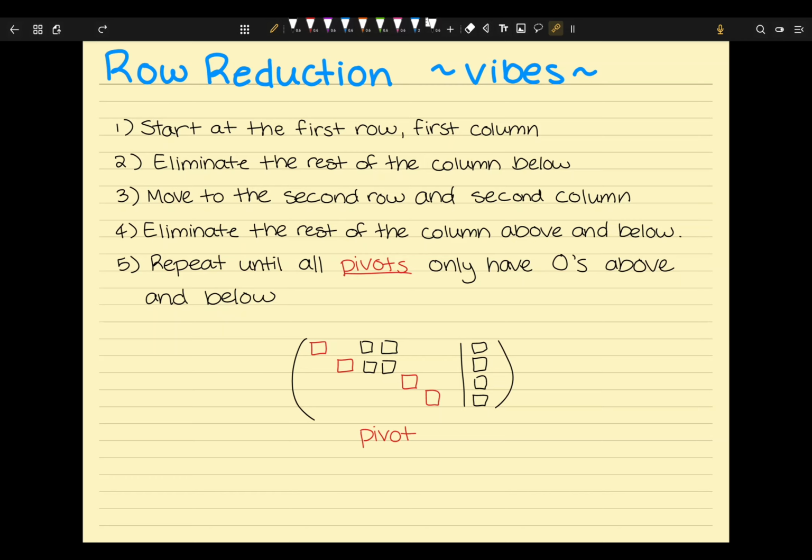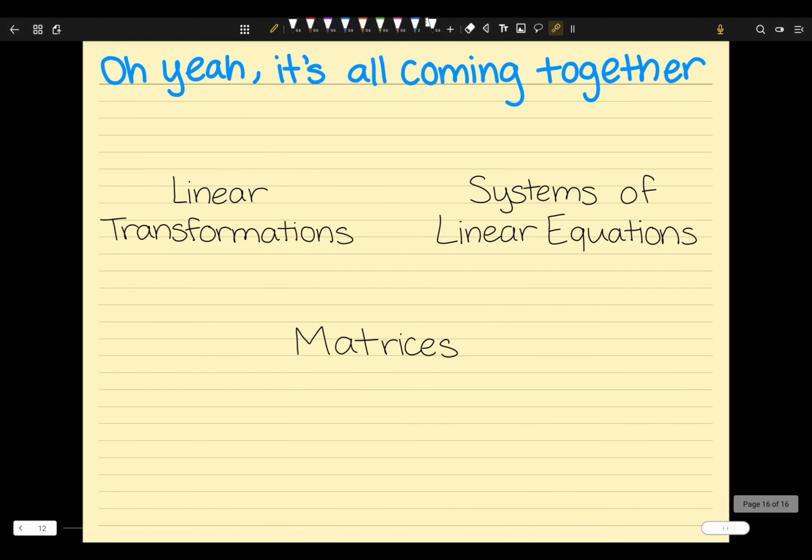Before we go into the code, so I don't have to keep switching back between my tablet and Studio, I want to make a remark to relate everything that we've been looking at, because it can be confusing to keep it all in your head. Last week we discussed linear transformations, and we showed that you can represent linear transformations as matrices.